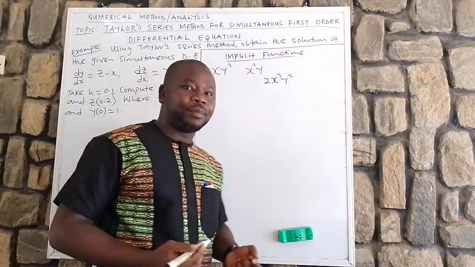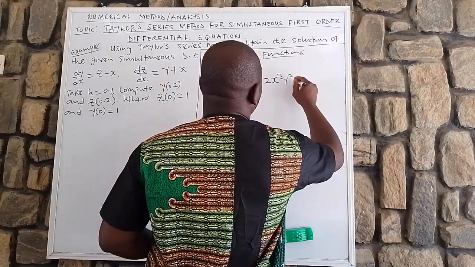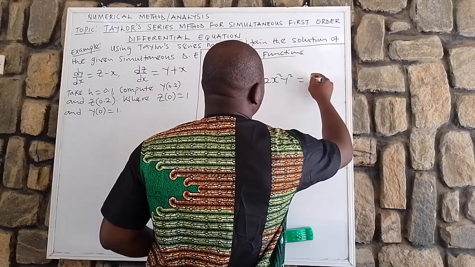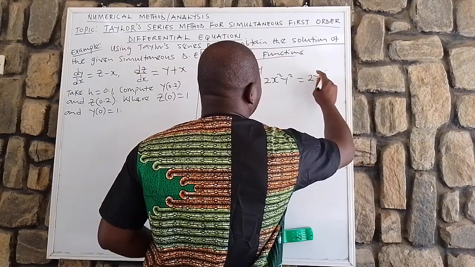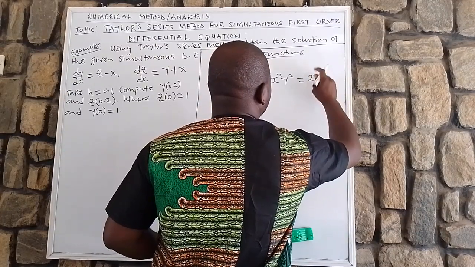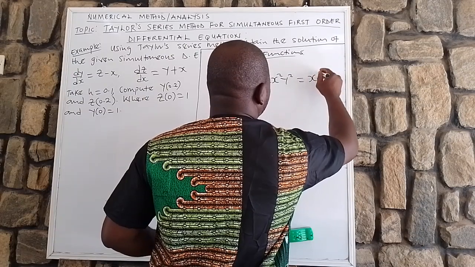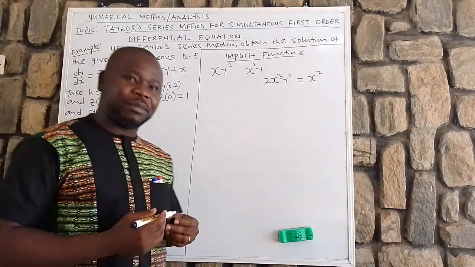Or sometimes you may even see something of this form, this and this equals, let's just say, 2y or 2x, or x squared. These are implicit functions.